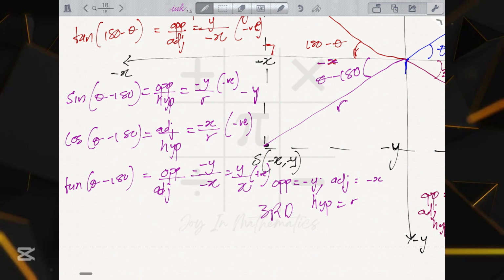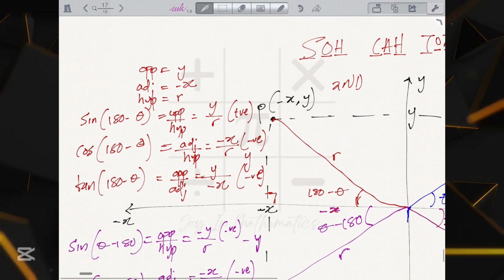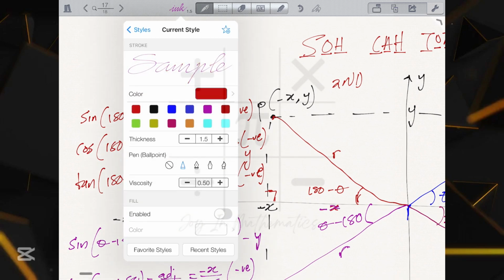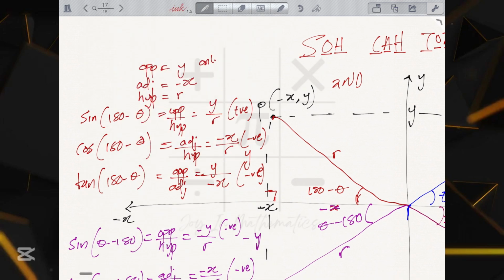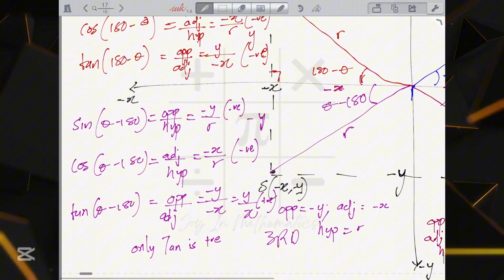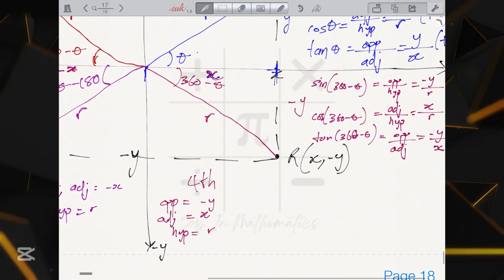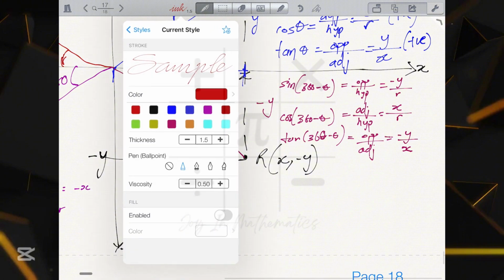So only tan, okay, let's write it, only tan is positive. And here we have that only sine is positive. Let's put that in mind, and let's move on now to the last quadrant, which is the fourth quadrant.